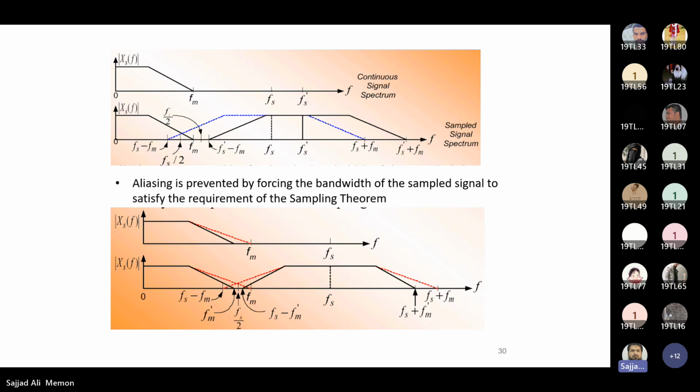So this slide shows that whatever your sampling frequency or whatever your calculation suggests you to choose, you must select some higher sampling frequency to avoid the aliasing effect.